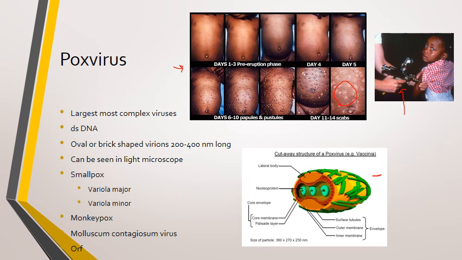Variola major, which by its name you can tell causes the more severe disease, has a fatality rate of 30%. And variola minor causes less severe disease with a fatality rate of 0.1 to 2%. So very low fatality rates for variola minor.